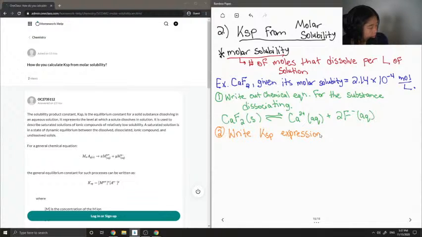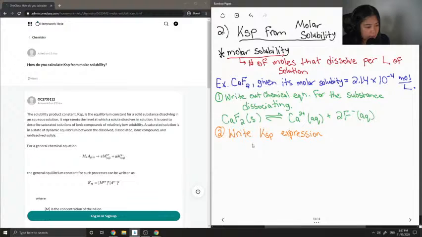In this case, KSP is equal to the concentration of the calcium 2 plus multiplied by the concentration of the fluorine ions to the power of 2, since there is a coefficient of 2 in front of the fluorine in the balanced equation.